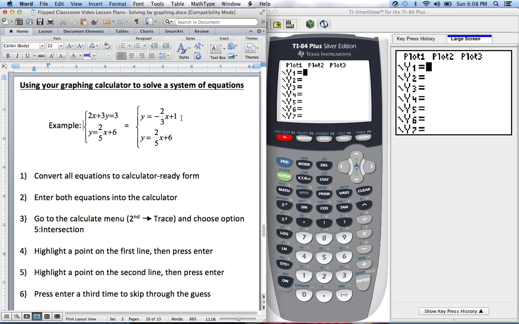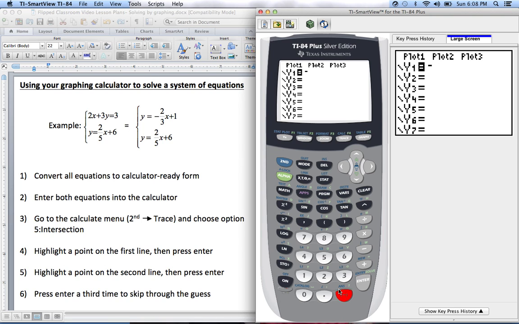So that's what we're going to enter for our first equation into the calculator. Y = -2x divided by 3 plus 1.